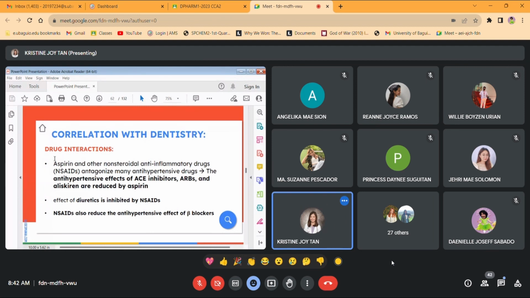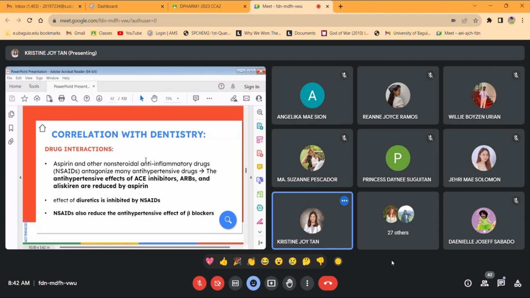What that means is, when you are prescribing your aspirin or your NSAIDs, do history taking of your patients first, especially for hypertensive patients. Because some of your NSAIDs and aspirin will antagonize the action of your antihypertensive drug. So maybe you did not take the history of your patient, and the patient is actually taking ACE inhibitors, ARBs, and so on.